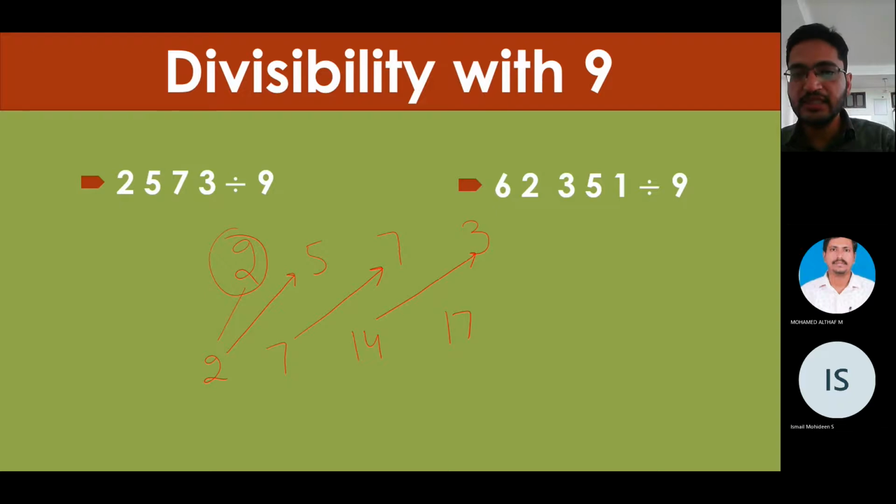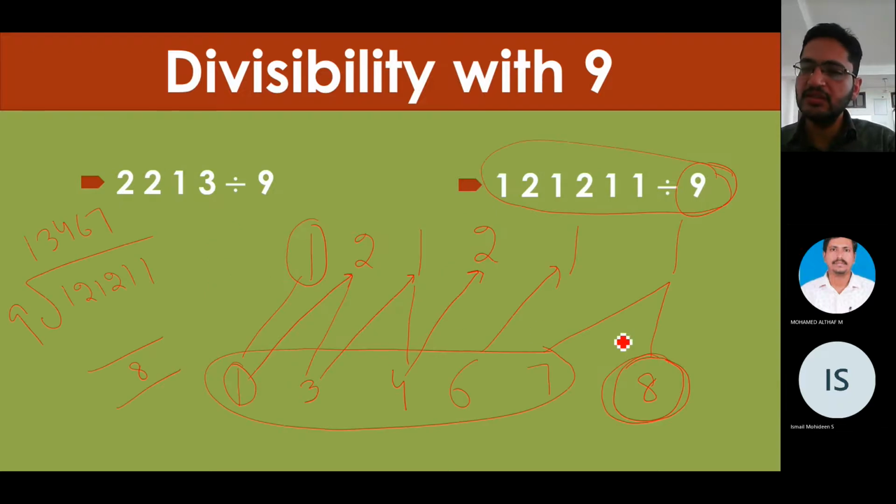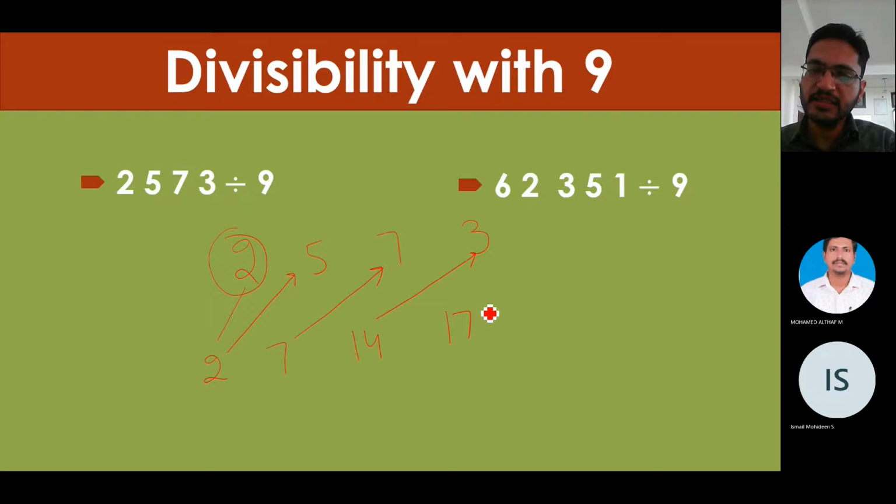Now here, in the previous type, the last sum was less than 9. But here in this type, the last sum is greater than 9. So the next step is we will divide this number with 9.